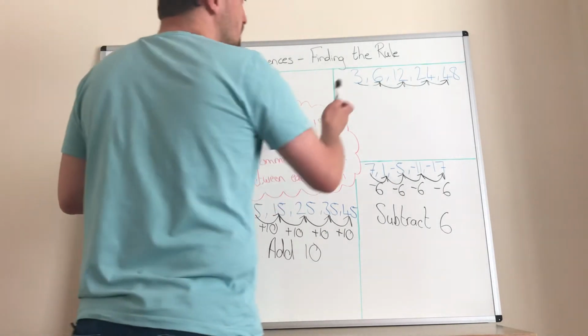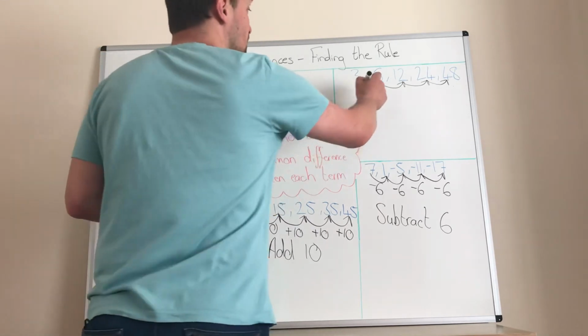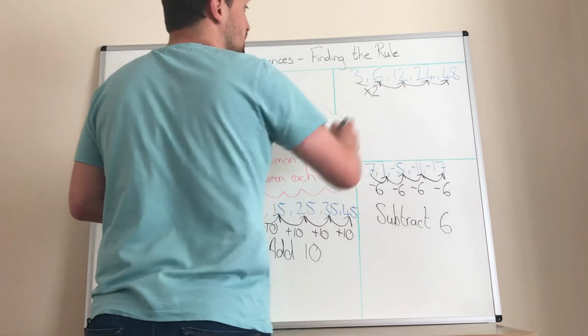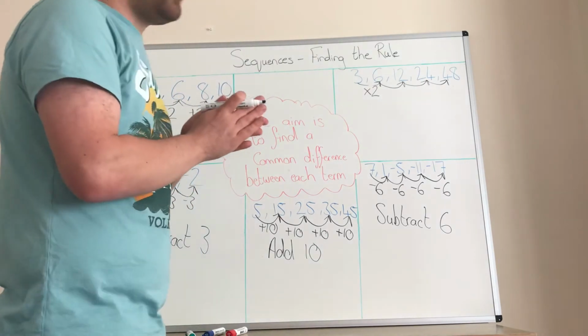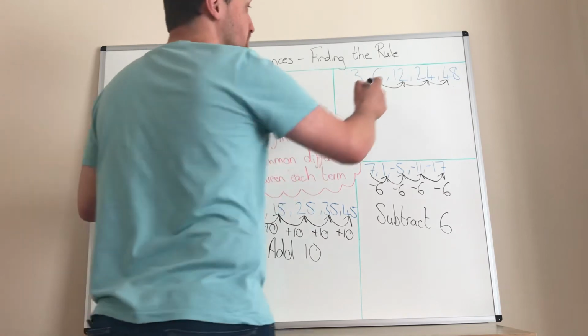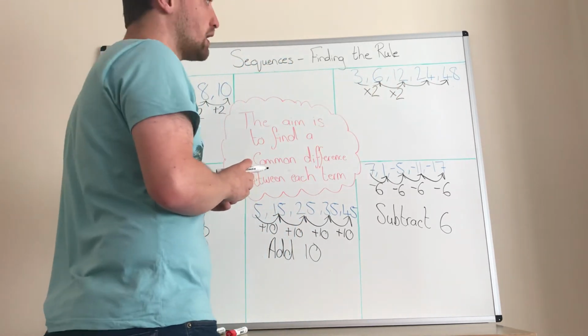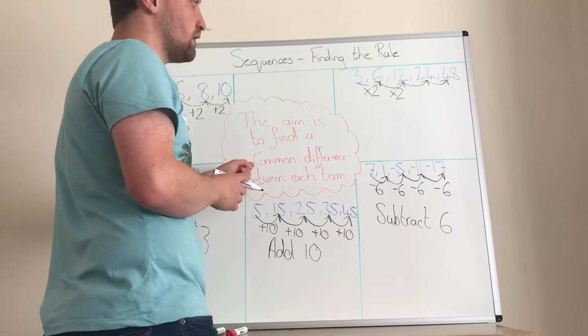So what do we multiply 3 by to get to 6? We multiply it by 2. What do we multiply 6 by to get to 12? We multiply it by 2. Now we're starting to get our common difference, which is what we're looking for, don't forget that.